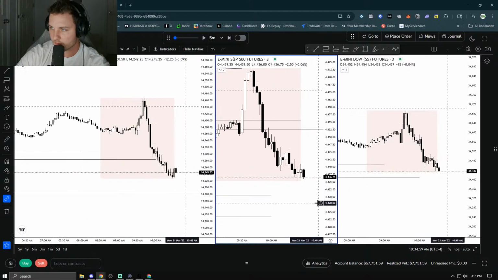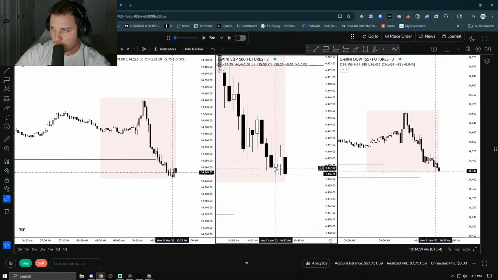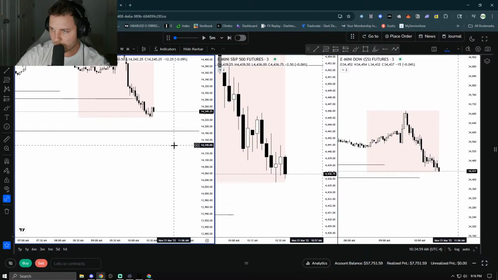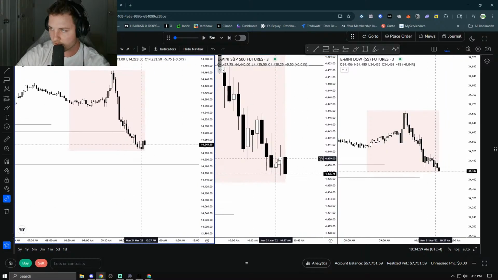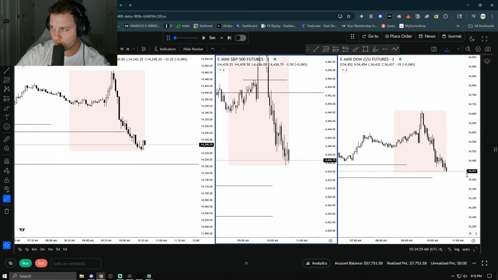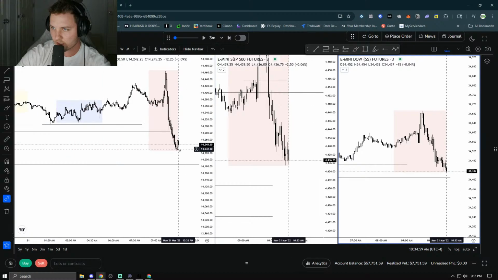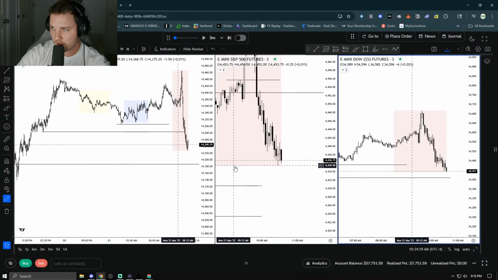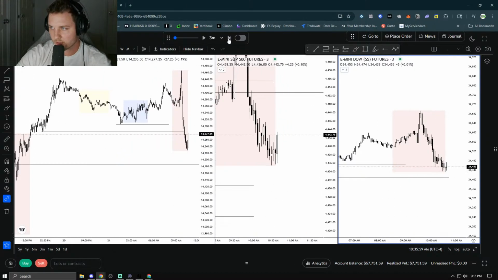Go in the 3-minute. I would like a big opposing candle there. So I'm going to wait for maybe a retrace because ES is going to take this out and we might get a retrace here. And then maybe we could.